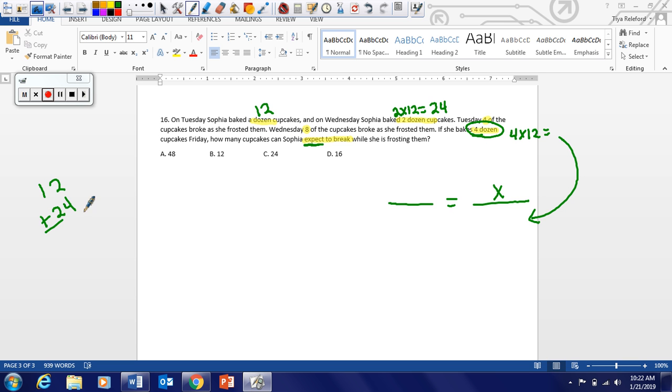That's your total. She broke 4 and 8 cupcakes. That's how many she broke. The number she broke goes on top and the total goes on bottom. And of course, she's going to make 4 dozen, and that goes underneath X.